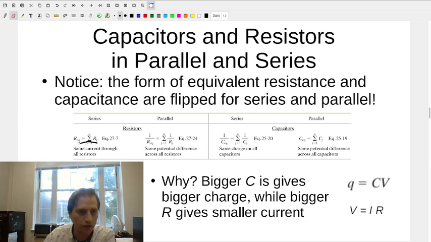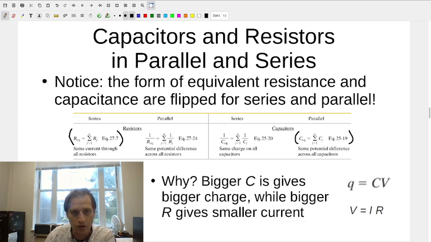Last time we talked a little bit about the equivalent resistance as sort of an analogy to the equivalent capacitance, and this equivalent resistance has a similar form for the series and the parallel for the resistors versus capacitors.